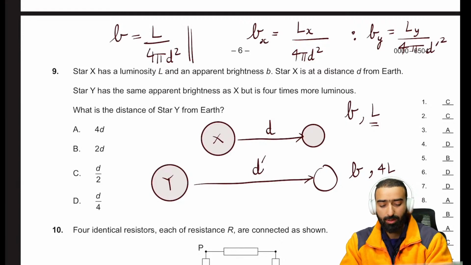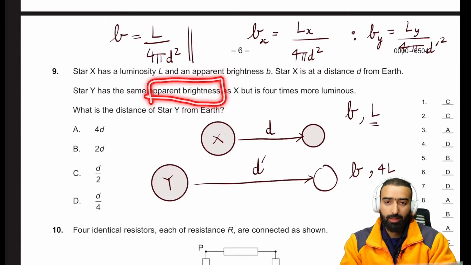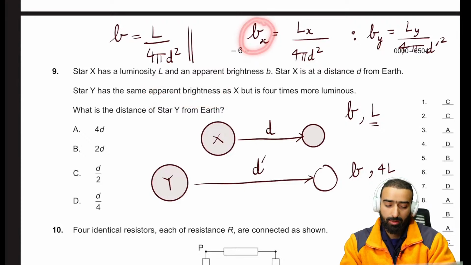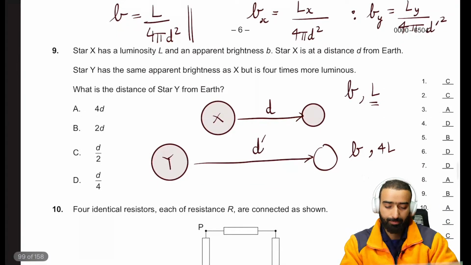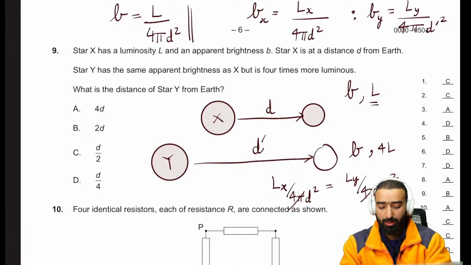Now what is given is that it has the same apparent brightness, meaning brightness of X is the same as brightness of Y. So let's equate them. So we get Lx over 4 pi d square equals Ly over 4 pi d dash square. Okay, 4 pi and 4 pi goes away. We also know that star Y is 4 times more luminous.